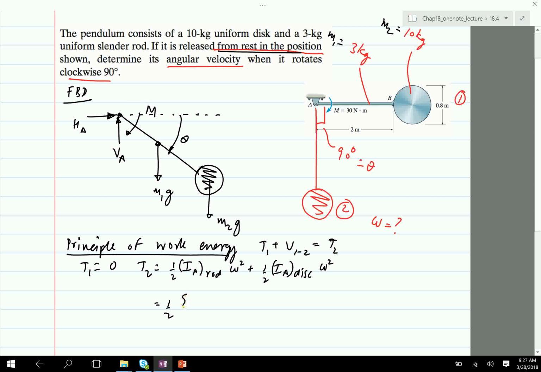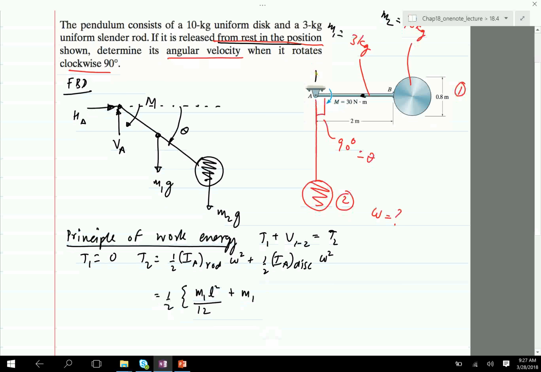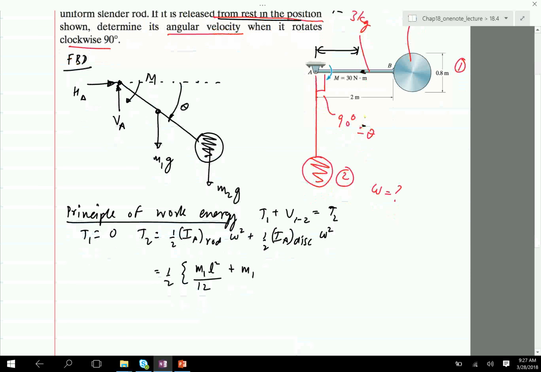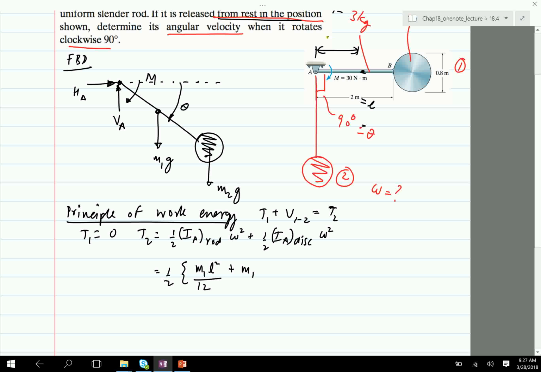So half, this is going to be m1 l squared divided by 12. That's the inertia about G. And then m1 times this distance, let's call this L, so L divided by 2 squared. Okay, then for the disk, the inertia about the axis passing through the plane of the paper is mr squared divided by 2.